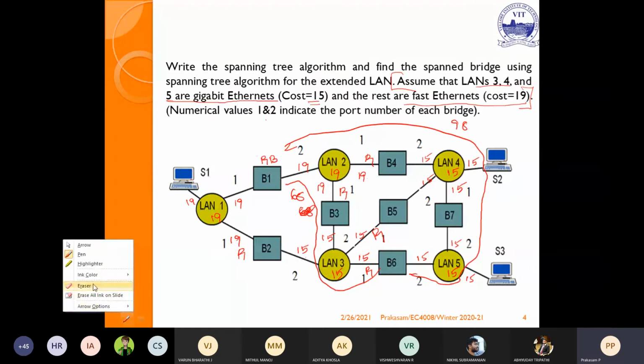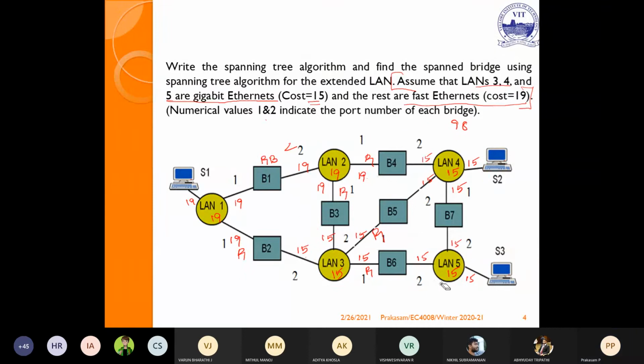Similarly, I am going to find the root port for B7. For B7, I can go in this direction or I can go in this direction.